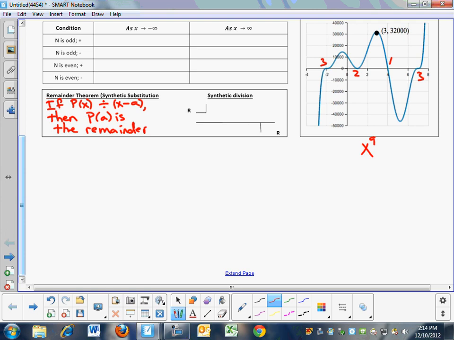Okay. And last piece before we move to the backside is synthetic division. What goes here? A, or the root. What's the last box? Remainder. What goes up here?